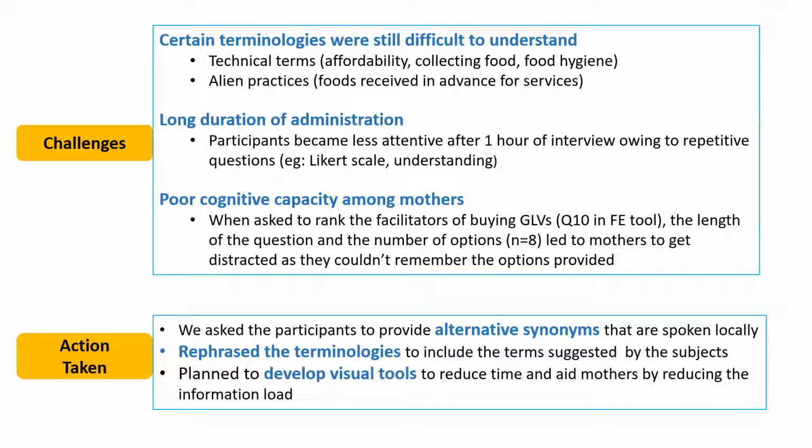The third option was to develop visual tools, because the concept of hygiene was not there, and affordability and collecting foods were new to them, and a few things were alien to them. They were not able to understand it. So we thought developing visual tools would be much easier for them to answer our questions, and also save time, as they were taking too much time to understand and respond to our questions.